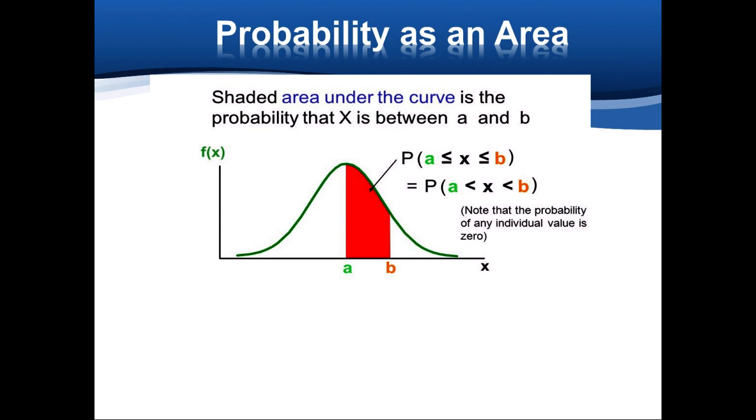That is, the probability that x is larger than or equal to a and smaller than or equal to b is the same as larger than a and smaller than b. In other words, the probability is the same regardless of whether or not you include the endpoint of the interval.